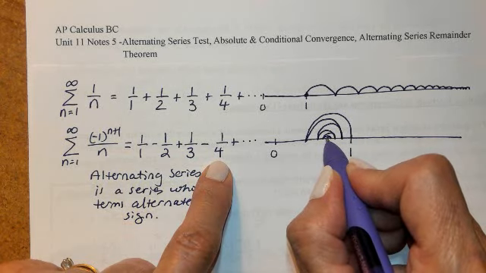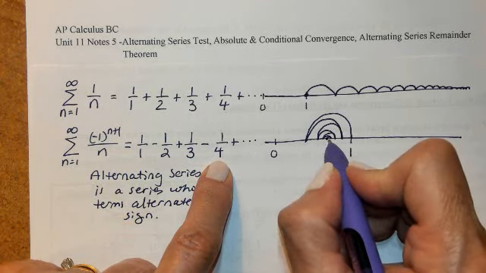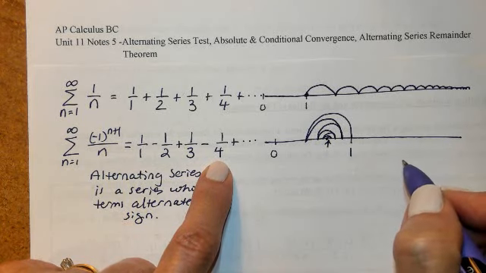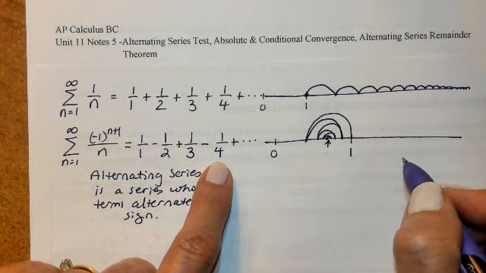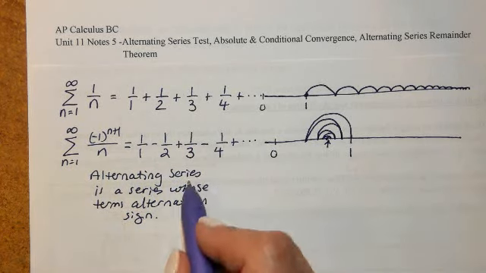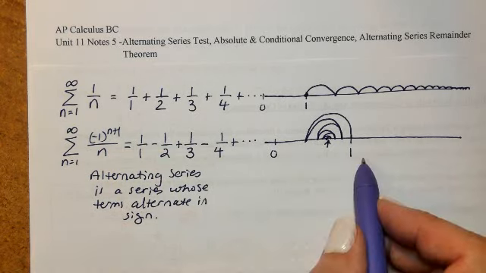this thing is going to converge. It's going to converge to somewhere around there, wherever that is. But it is going to converge. I know it is. This alternating series converges, and here's why.